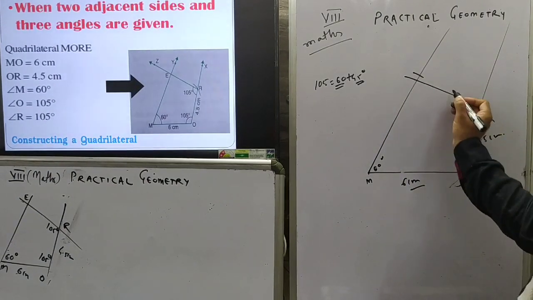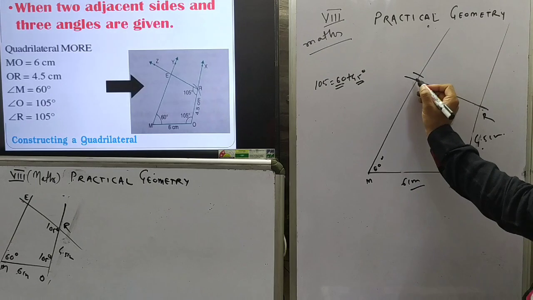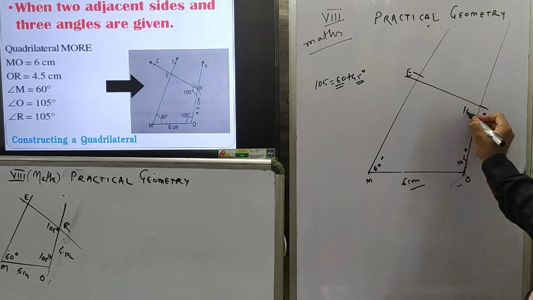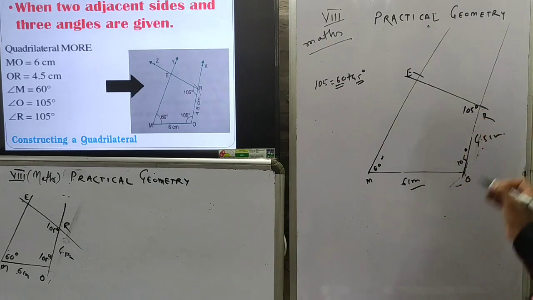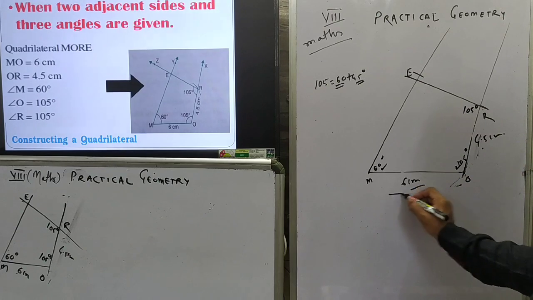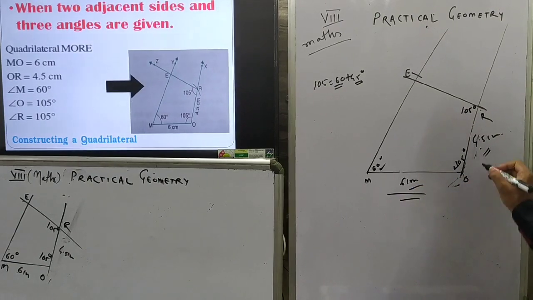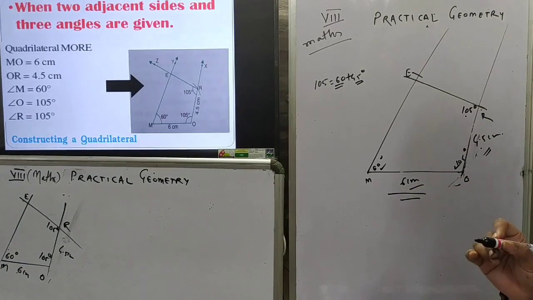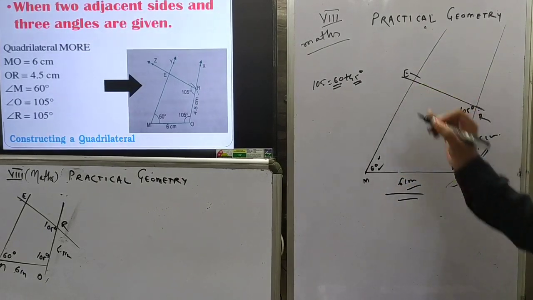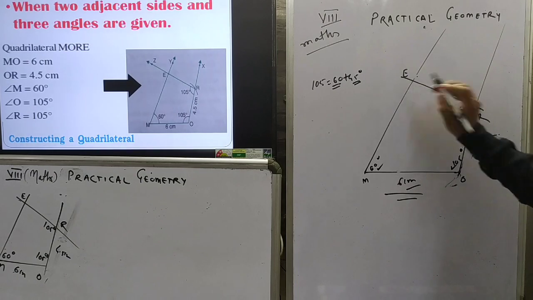This 105 degree ray intersects the other ray at point E. Now this angle is 105 degree, this is 60 degree, this is 105 degree. This length is 6 centimeter and this is 4.5 centimeter. This is how to construct quadrilateral MORE.